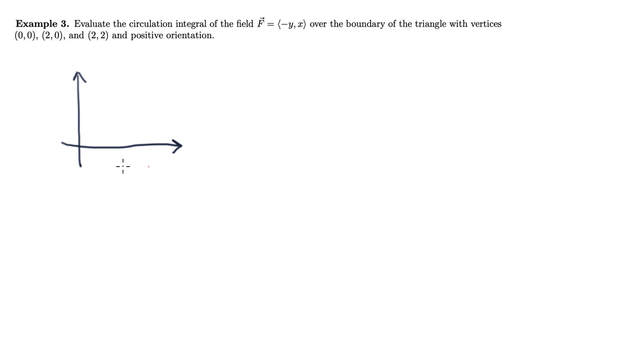So we have the points 2, 0, and 2, 2, and 0, 0. And now notice we have a positive orientation, so that's going to be counterclockwise, so that'll be this way.